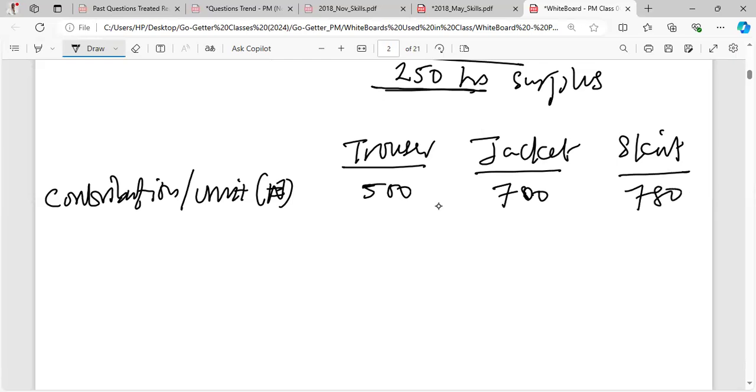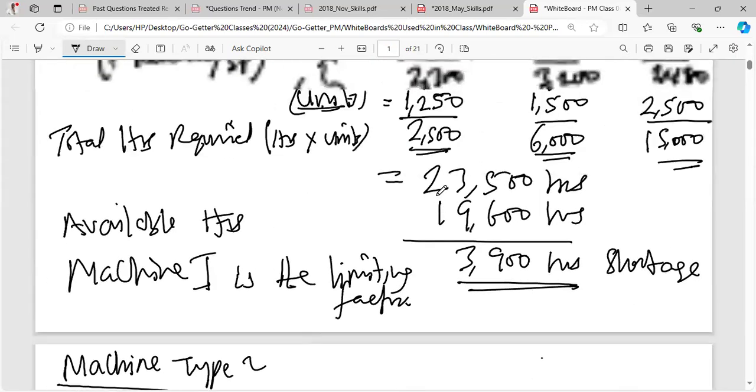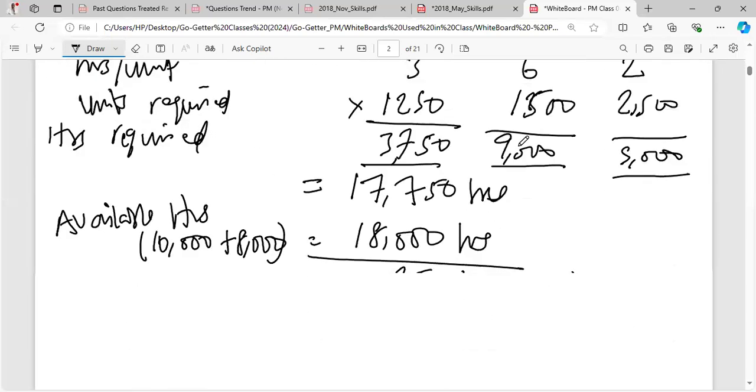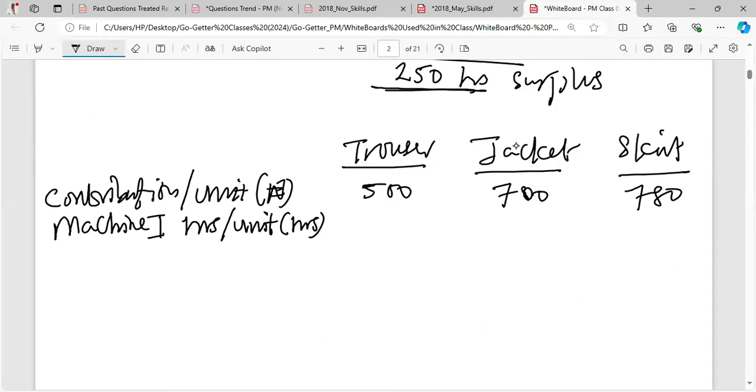Then machine 1 hours per unit. This is the limiting factor per unit: 2, 4, and 6.